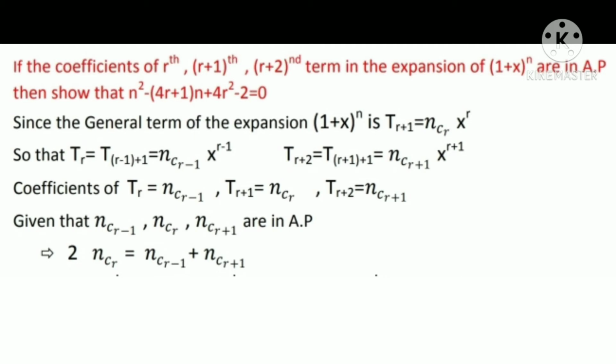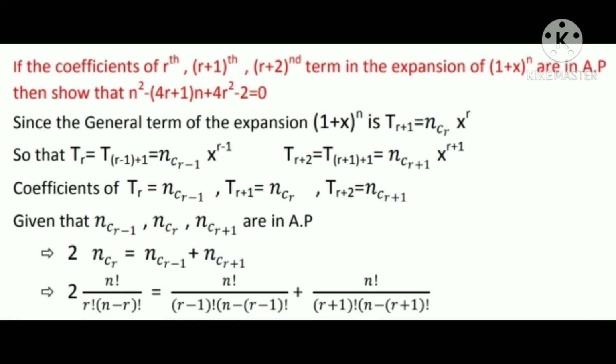Right side, first term nC(r−1): n becomes n!, r becomes r−1, so the denominator is (r−1)! into (n−(r−1))!. Similarly, the second term on the right side, nC(r+1): replace r with r+1 in the formula, you will get n!/((r+1)!(n−(r+1))!).